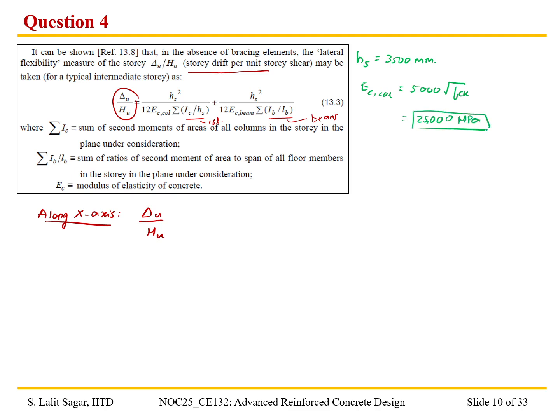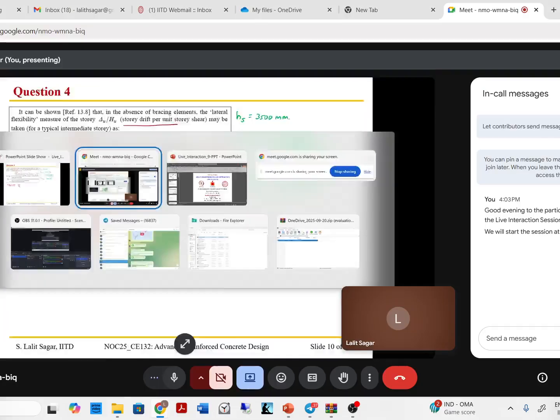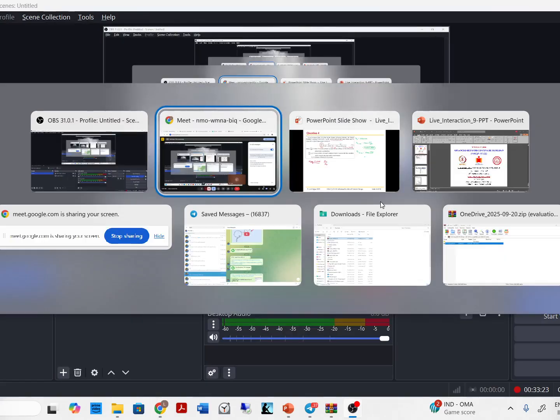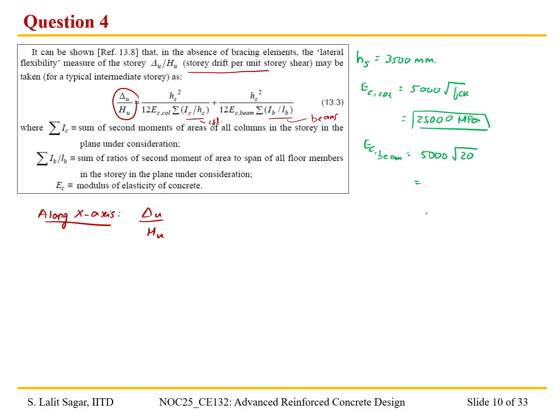Then the elastic modulus for the beam is 5000 square root of 20, which gives us 22360.7 MPa.